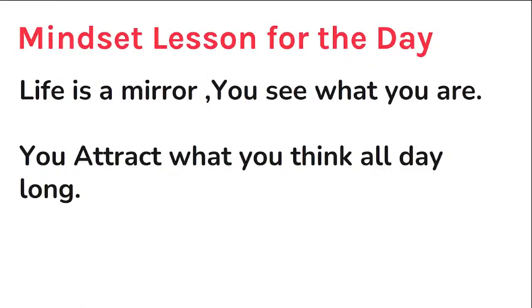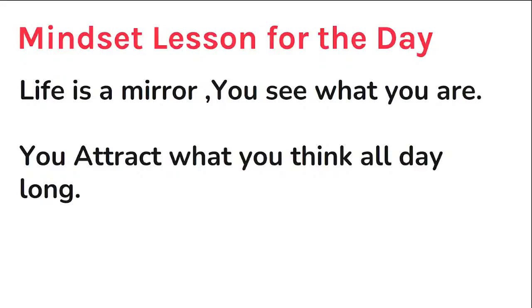So let's start the session. We'll start with a mindset lesson. Today's lesson is about life being a mirror. Life is a mirror. You see what you are. What you see is what you think inside. If you see a lot of positive things outside, you are positive. If you see a lot of negative things outside, it means you have negativity inside. You attract what you think all day long. If you think about success, you will get success.